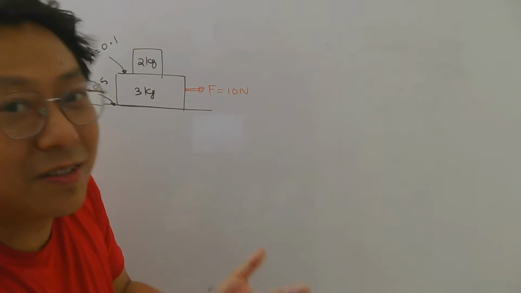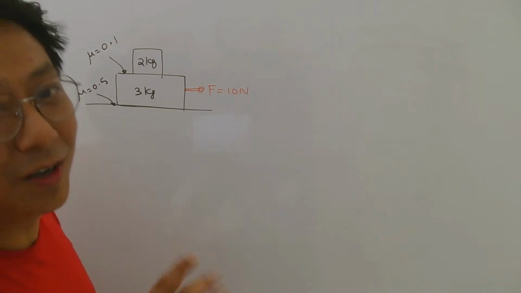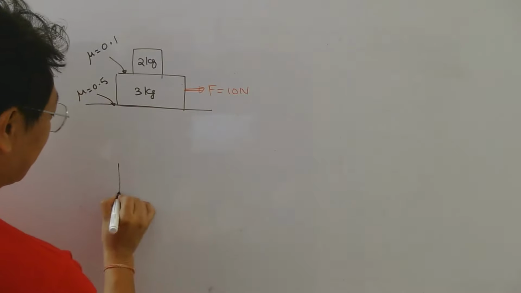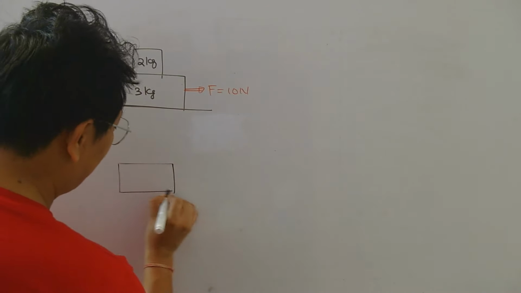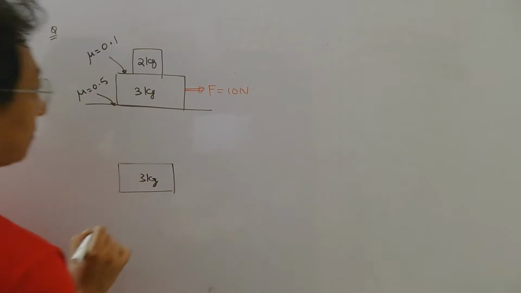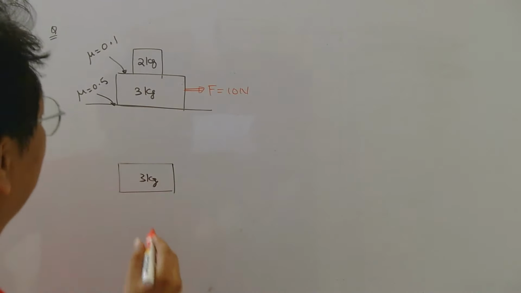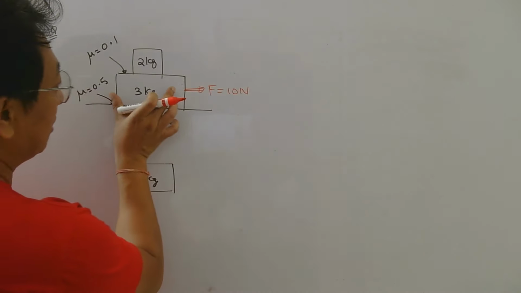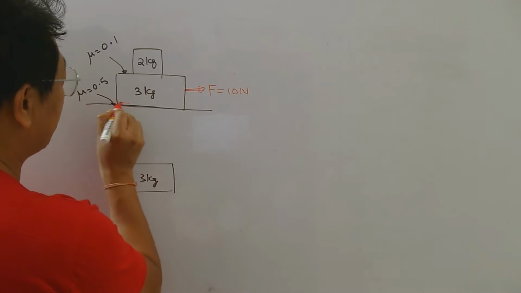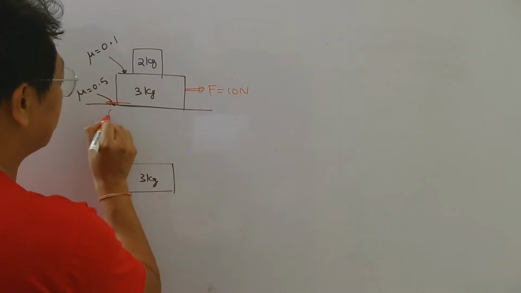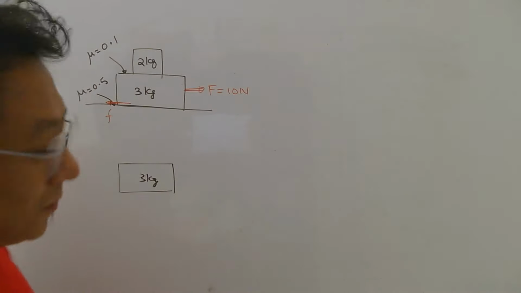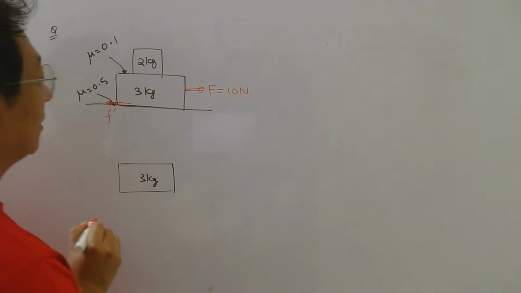But still, why, sir? Why can slipping not start here? To understand that, think of this. So this is your 3 kg block. First try to draw the direction of frictions in different places. So when this block tries to go this way, here there will be friction this way, isn't it? Correct? F dash it was.